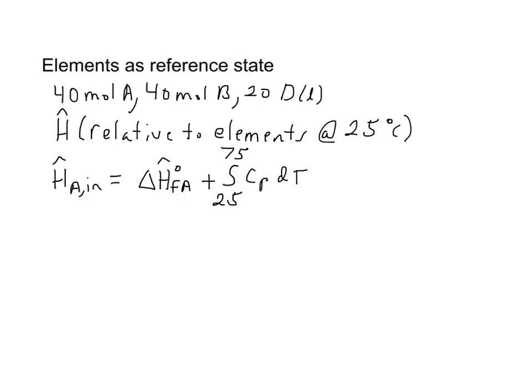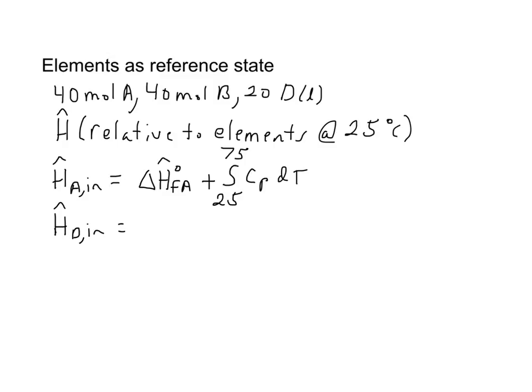And this is the heat capacity of the gas. A similar calculation would be done for B. For the liquid water being fed, we have H water in. Fortunately, we have the heat of formation of liquid water.